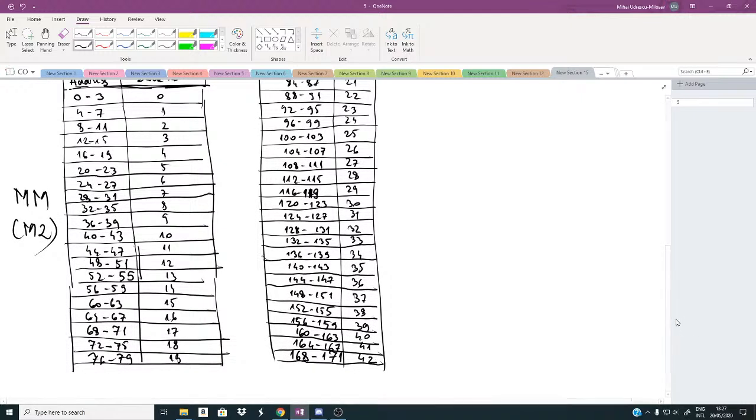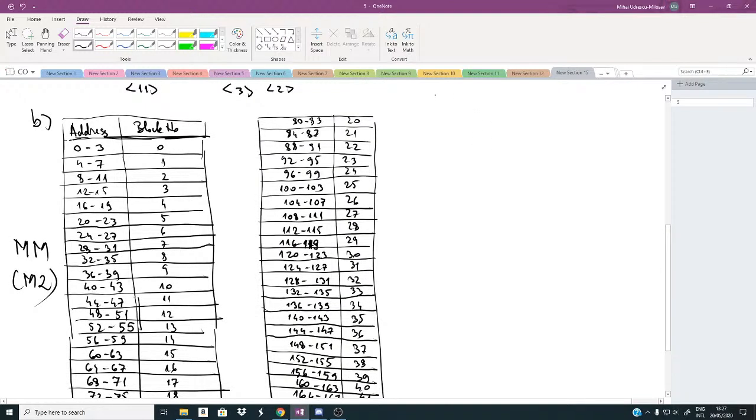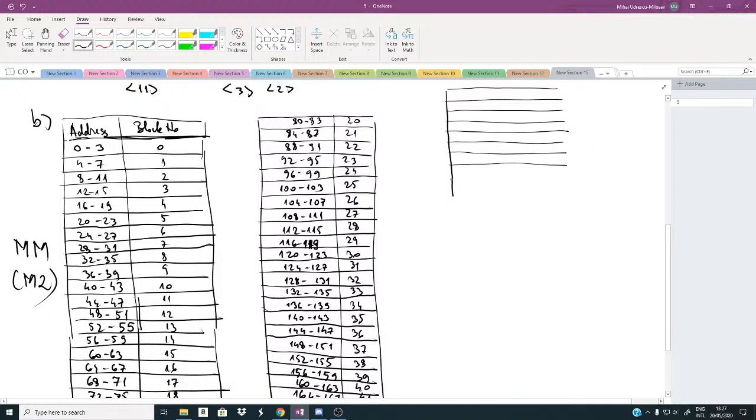Now, let's see about the cache blocks, right? So this is about the cache blocks. Okay, this is 0, 1, 2, 3, 4, 5, 6, and 7.